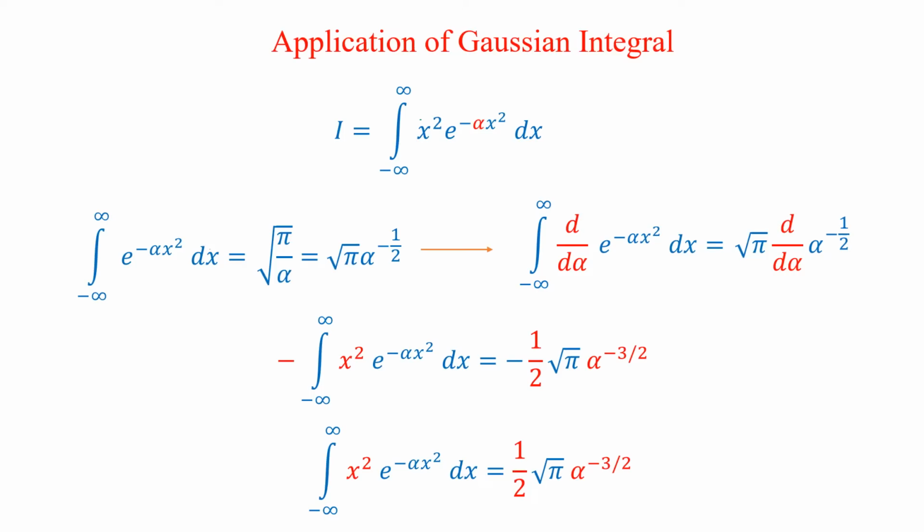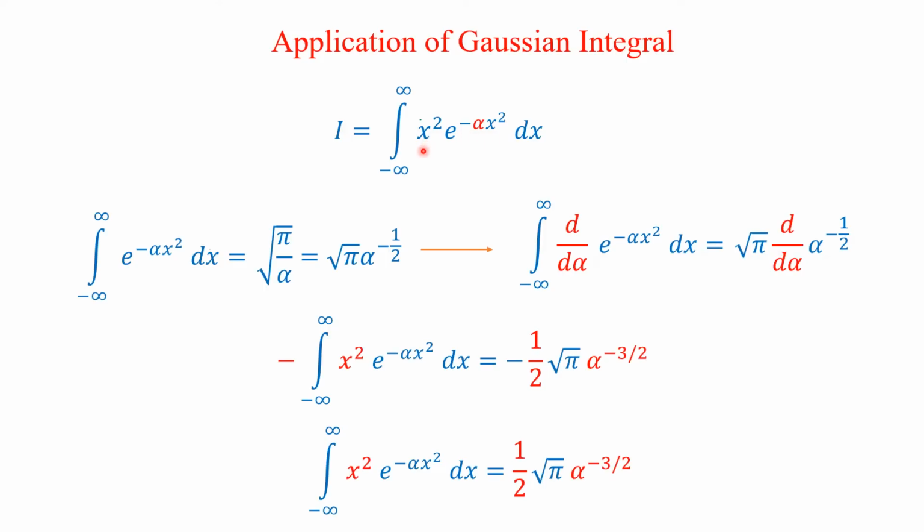Now we want to find the solution for the integral from minus infinity to plus infinity of x squared e power minus alpha x squared dx. Remember that in order to find the expectation value in quantum mechanics, if the wave function is like this, then we need x squared psi star psi.